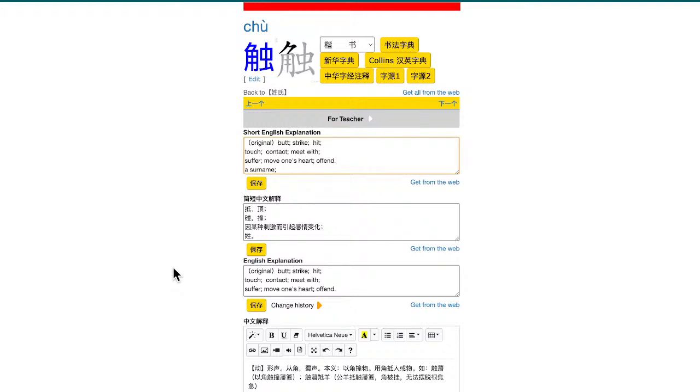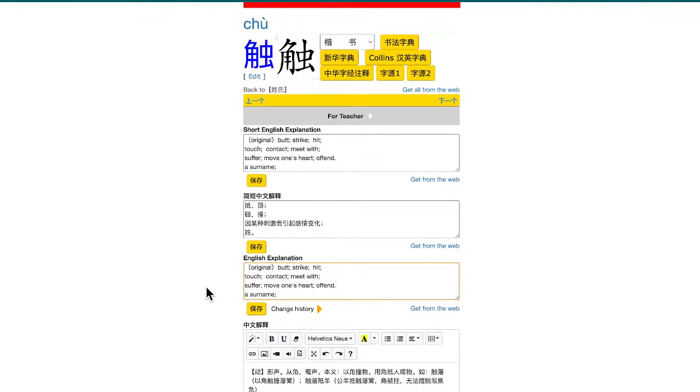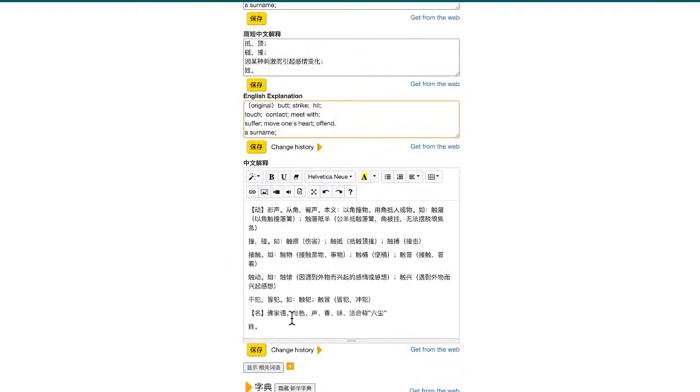Strike, hit is also a type of touch. Contact, meet with is also a type of touch. Moving the heart is also a type of touch. So this one can refer to several different types of touch. That's the basic meaning of this character. Then of course this is also a surname. This surname is very rare. I haven't met any person with that surname yet, but it is a surname, 处.